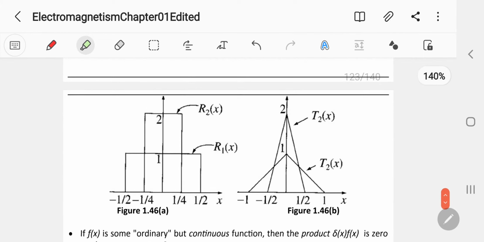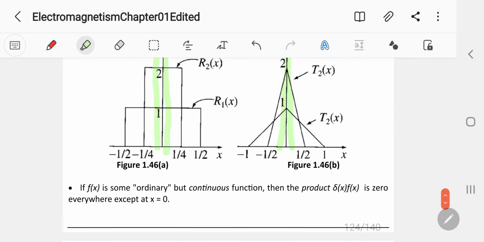If you decrease the width, you will have a higher rectangle, and for the triangle, if you decrease the base, you will have a taller triangle. So the Dirac delta function is the limit of these two.